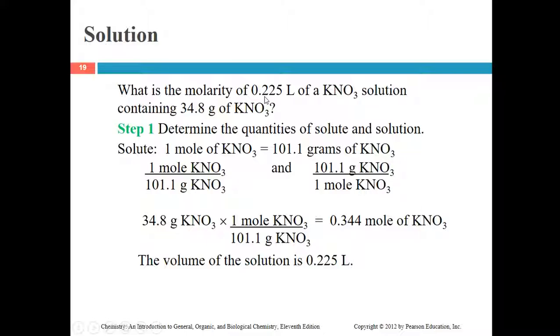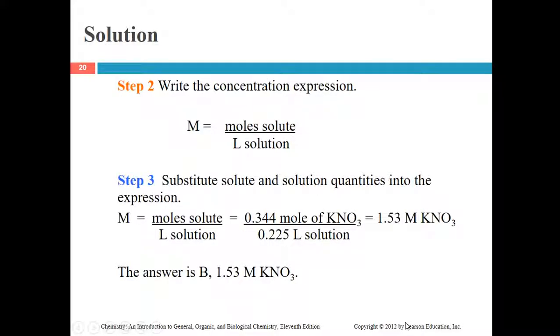Now we know what our solution's volume is, 0.225 liters. Now we're just going to plug those values into our formula. Our formula is molarity equals moles of solute over liter of solution. So 0.344 moles of potassium nitrate over 0.225 liters of solution gives you 1.53 molar KNO3.